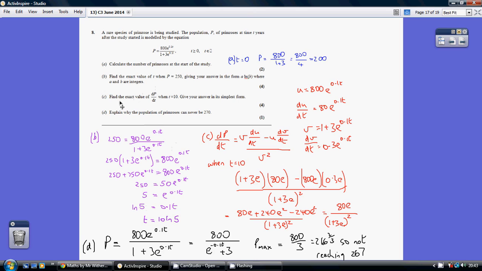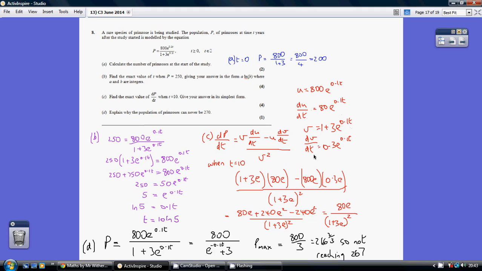Now for part C, we've been asked to find the exact value of dP/dt when t is 10. So P is where we are dividing, so to differentiate this we need to use the quotient rule. So dP/dt equals v du/dt minus u dv/dt all over v squared. U is the numerator, 800 e to the 0.1t, and v is the denominator, 1 plus 3 e to the 0.1t.